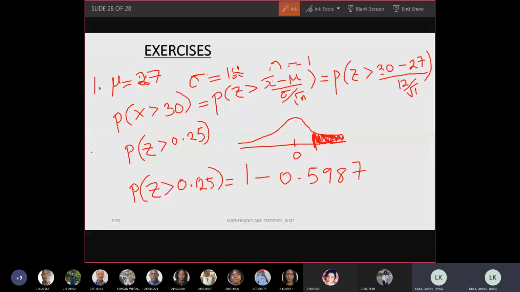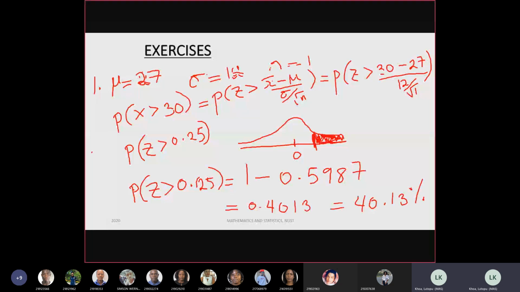Okay, then you work that out on your calculator. This is 0.4013, which is the same as 40.13%. Okay, then to answer the question, you write a statement.